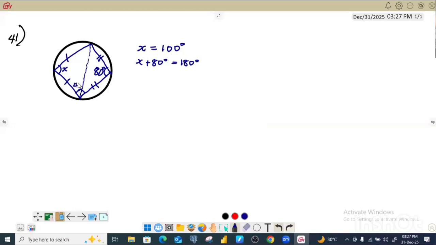So this place will be 40, this place will be 40, and this place is 50. This place is 50. So M equals 50 plus 40, and that is equal to 90 degrees.